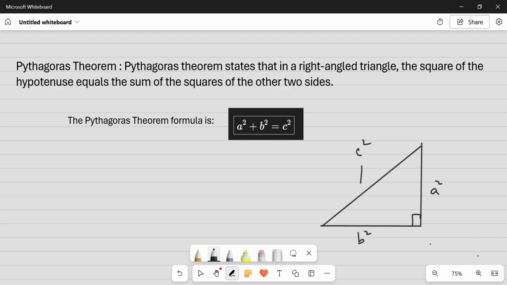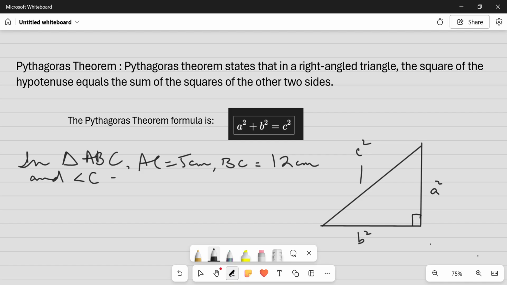Listen to the question very carefully. In triangle ABC, the name of the triangle is ABC, AC equals 5 centimeter, BC equals 12 centimeter, and angle C equals 90 degree, right?